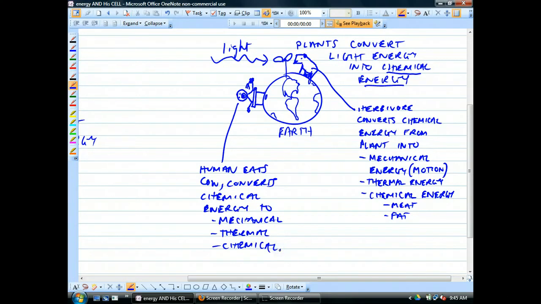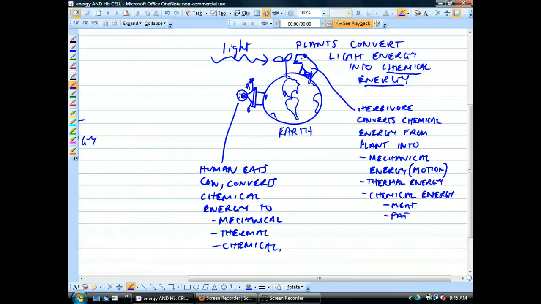So hopefully no one's going to eat us. But if they did, the whole sequence would just repeat, right? If somebody ate us, did you guys ever read the book The Road or watch the movie or anything? Anyway, if somebody were to eat us, the same thing would happen. They would get that chemical potential energy from our tissues, from our fats and our meat, and then they would continue on.